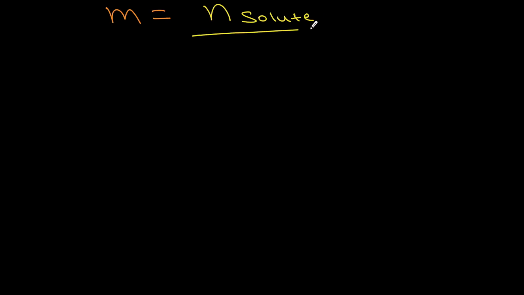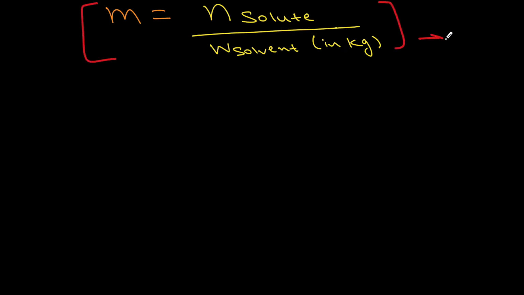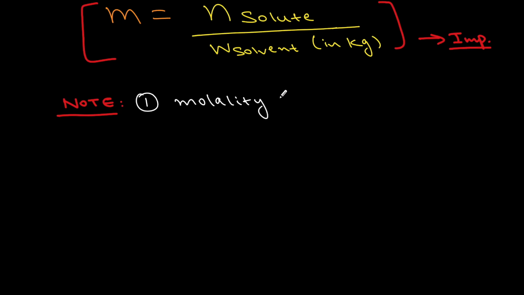Now we'll write the expression: small m, which is molality, is equal to moles of solute, N solute, divided by weight of solvent, W solvent, in kilogram. This is important. Also, we'll write a note here. First note is molality is temperature independent.